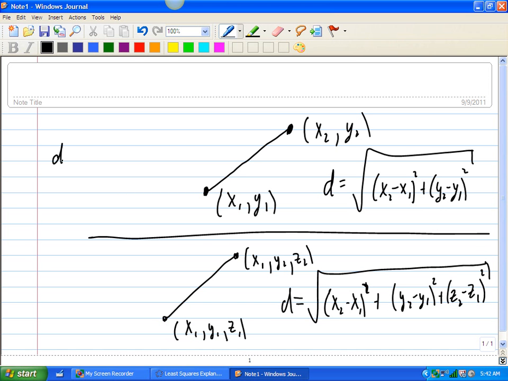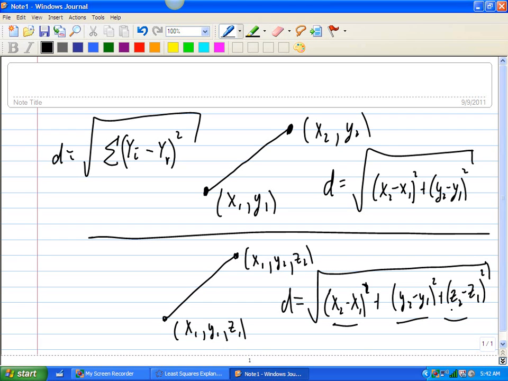So my distance is going to be the square root of the sum of all of the y. Let's use a big Y. It's the sum of all my yi's minus yr's squared, because of course that's what those are.